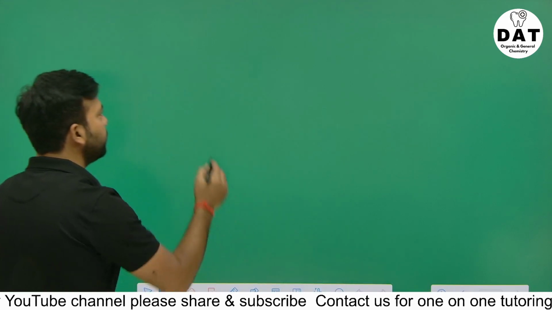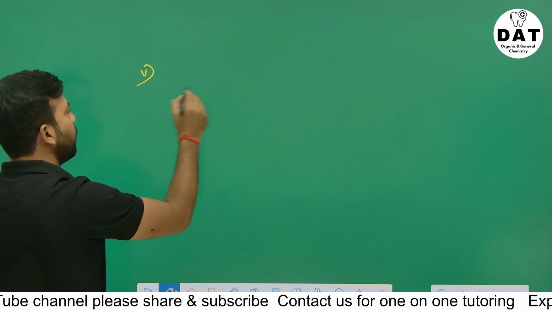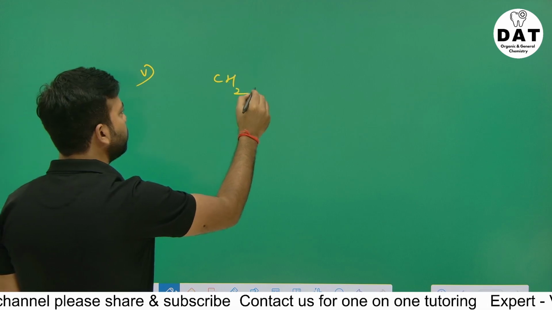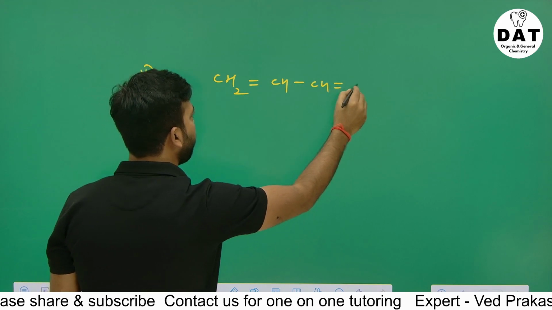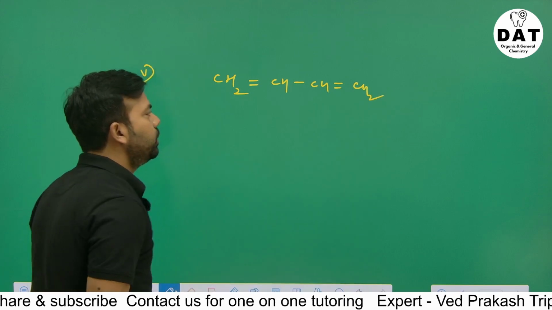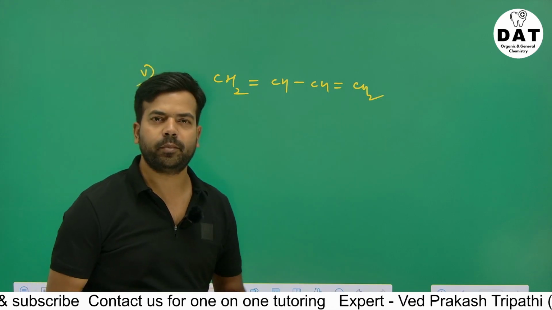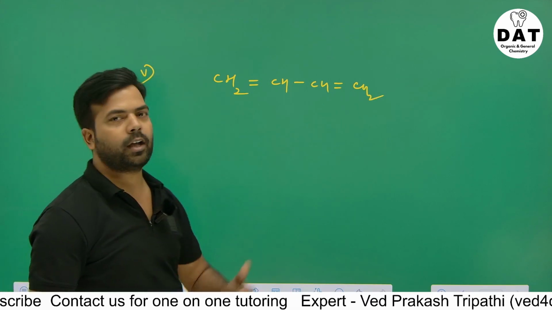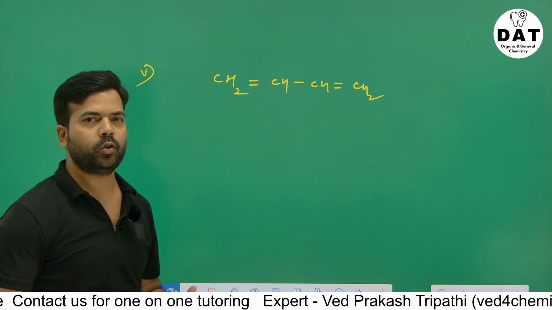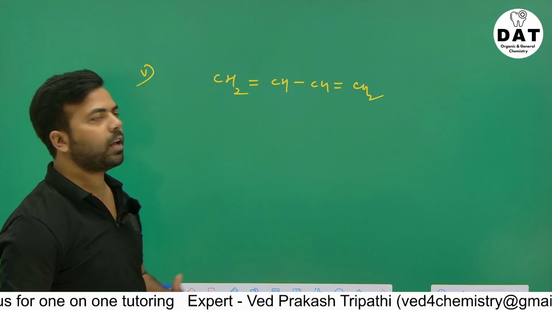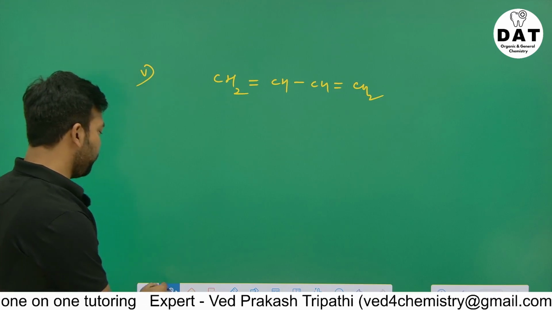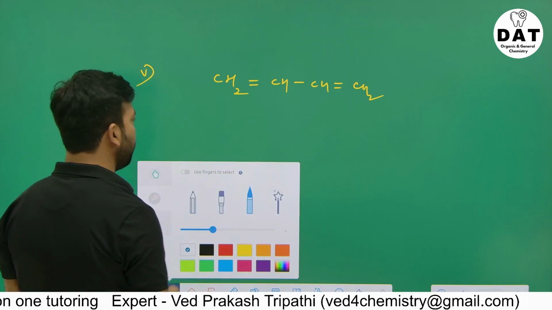Now the next case is carbon-carbon double bond. Suppose this one. So this is a symmetrical double bond. Symmetrical means you can see only carbon-carbon double bond, no heteroatom. Heteroatom means like oxygen, sulfur, nitrogen. So this is carbon-carbon double bond and we can start from any side. Look at here.